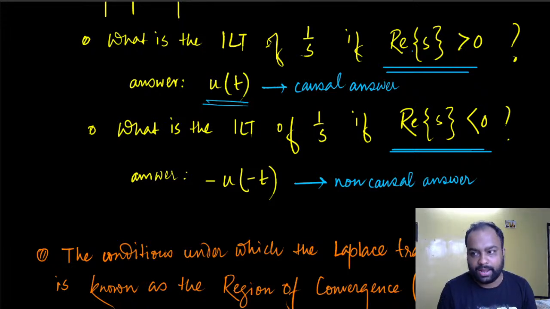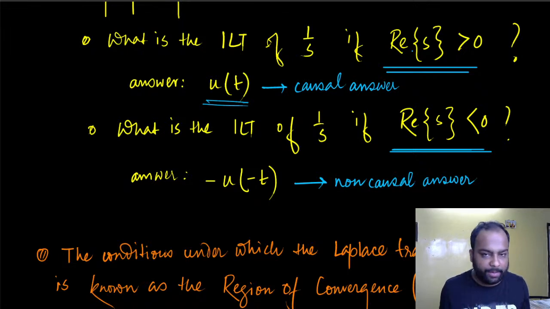For a causal system, it can be shown that the impulse response is also causal. The impulse response signal is a causal signal. Also, I told you earlier that if the input to a causal system is also causal, then the output is also going to be causal.